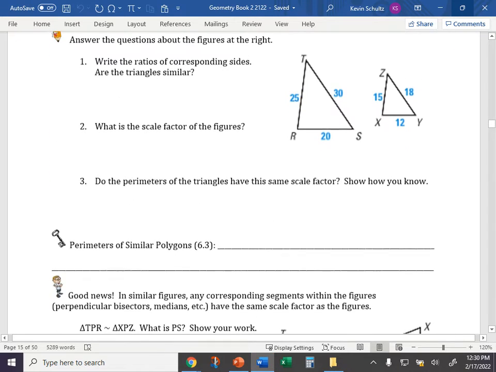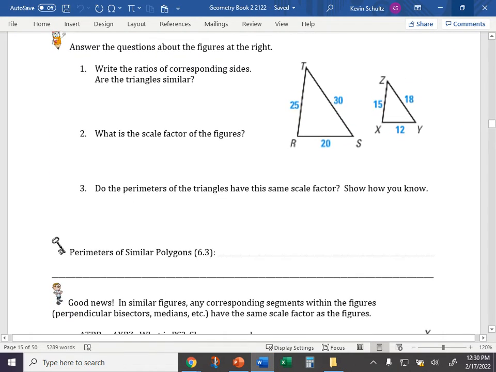Okay? So to answer the questions of the figures to the right, write the ratios of corresponding sides. Are the triangles similar? So we talked about corresponding sides, right? They're those pairs of sides in the same position. Let's start with TR. What's the corresponding side in the other triangle with TR? 15.